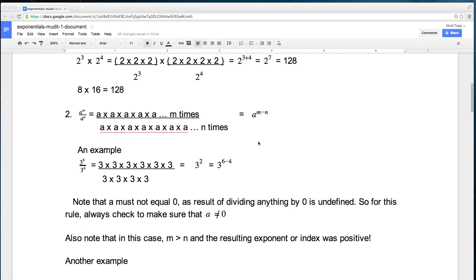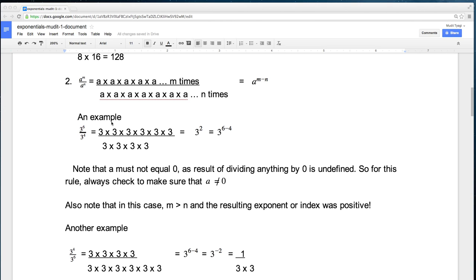So to clarify that, let's take a look at this example. Here we have 3 to the power of 6 divided by 3 to the power of 4. So what is 3 to the 6? Well, it's 3 multiplied by itself 6 times. And what is 3 to the 4? Well, 3 multiplied by itself 4 times.